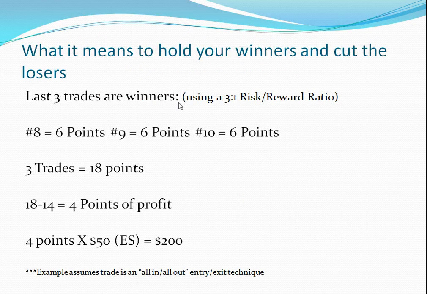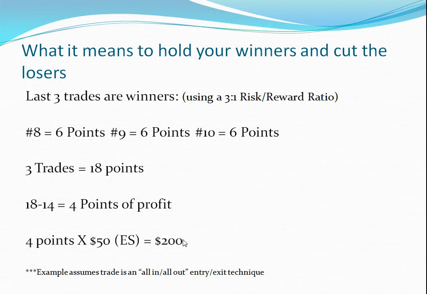On our last 3 trades, they're winners, and when using again the 3-to-1 risk-reward ratio, we know that our winners are worth 6 points. So trades 8, 9, and 10 are worth 6 points each. So that's 3 trades, and that equals 18 points. If we take 18, subtract the 14 that we lost, we get a total of 4 points of profit. 4 points of profit times $50, which is what? $50 is a 1 point move in the ES.